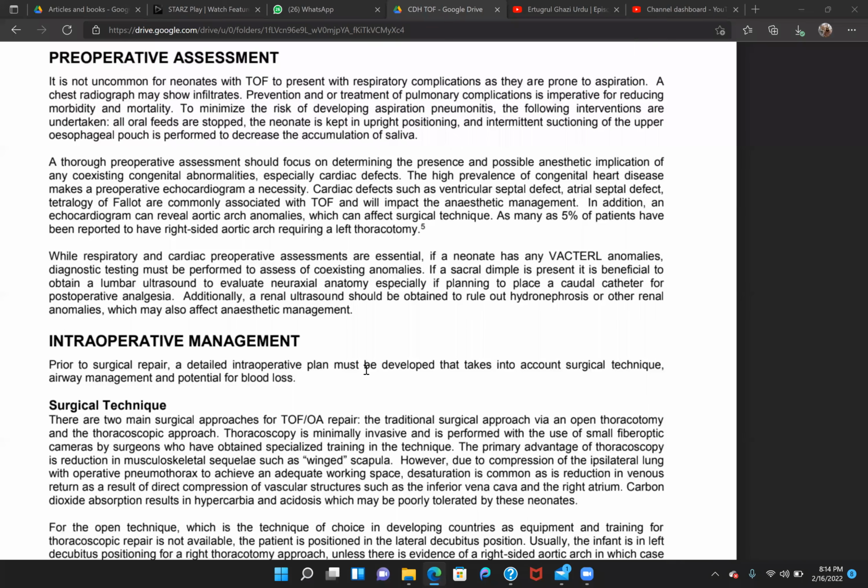Using the same words as before, our aim depends on the type of fistula, but usually we should fix the tube between the carina and the fistula, distal to the fistula and proximal to the carina.